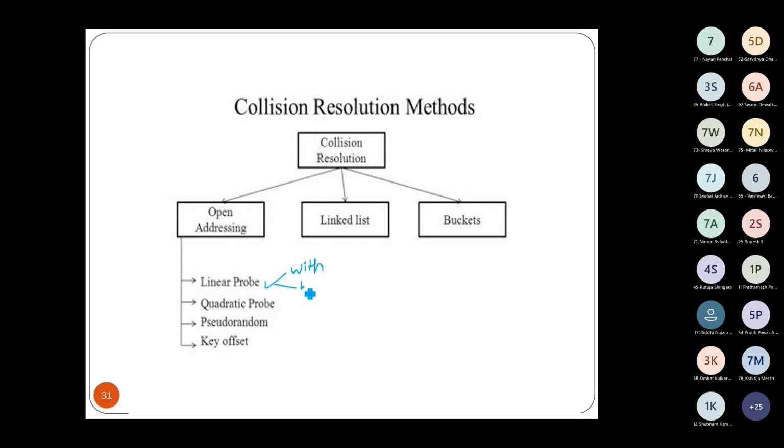Then another method for collision resolution is quadratic probing, that is, use some degree 2 polynomial for finding the next location. Right?